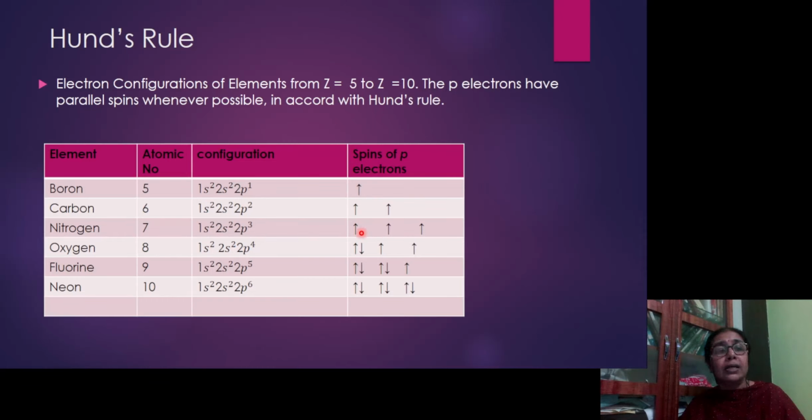In the case of nitrogen, these 3 electrons will remain unpaired, and in the case of oxygen, the first pair of electrons will be formed. In the case of neon, all the 3 orbitals have paired electrons. We can see that there are 3 pairs of electrons, and therefore because all the electrons are paired, neon is an inert gas.